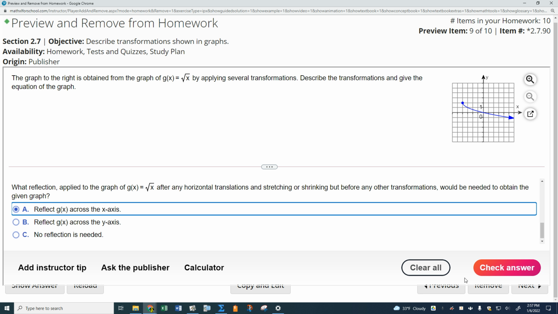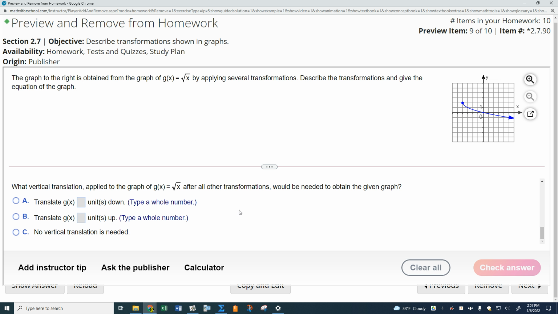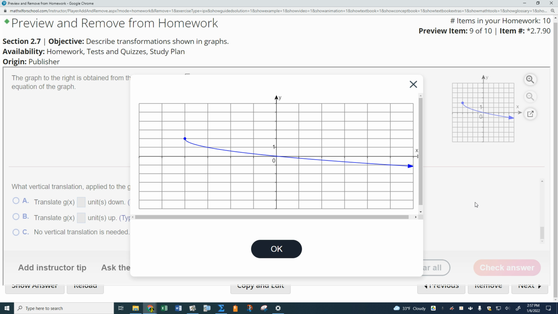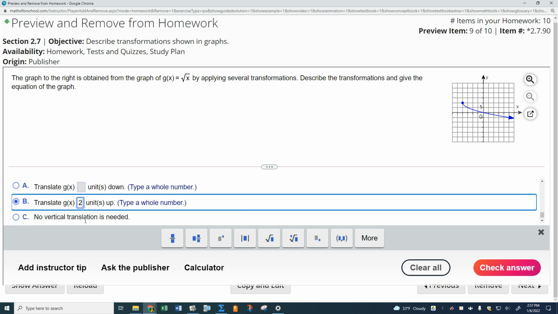X-axis. Okay, what about translation up or down? Up 2, so there's our up 2.